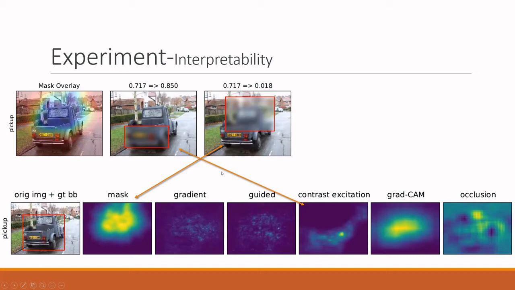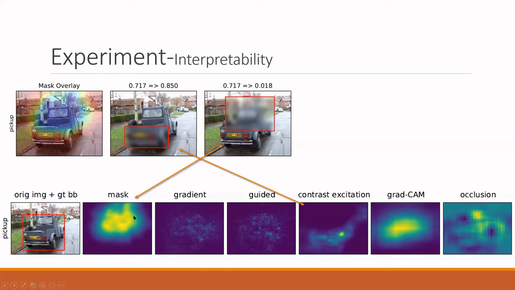So this experiment shows that the proposed mask truly explains where the neural network focuses, where it looks. It's not how humans think. This is a pickup, so we focus on the whole pickup, but actually the network is finding a more individual region.